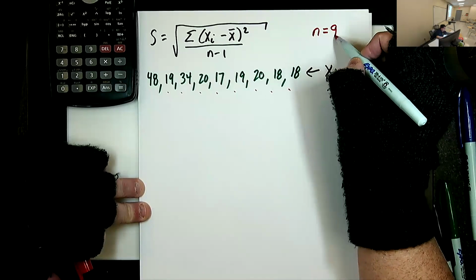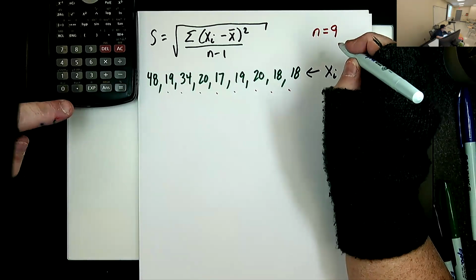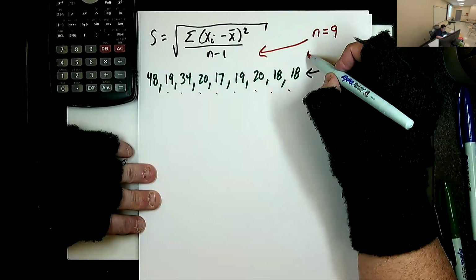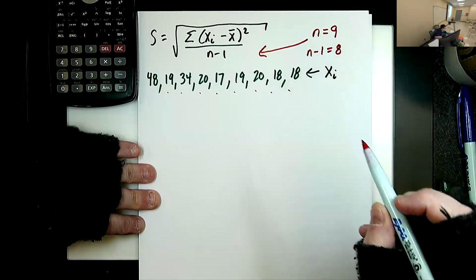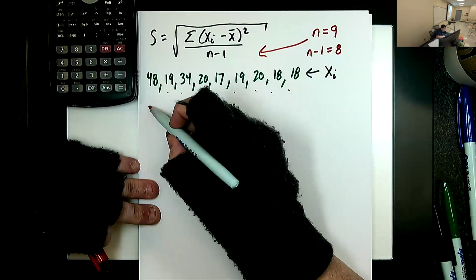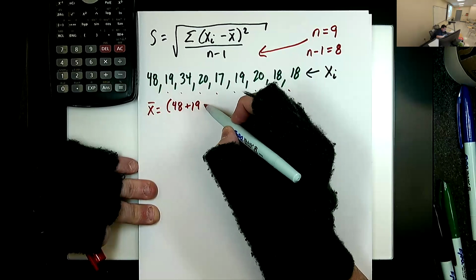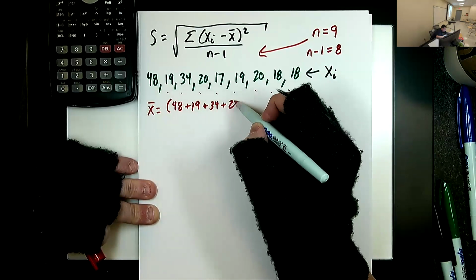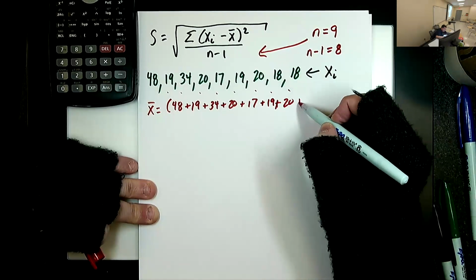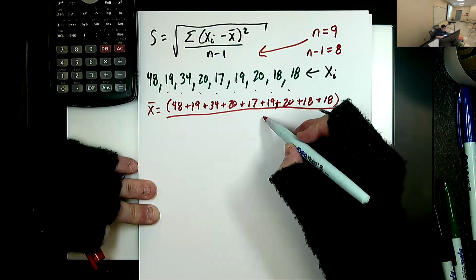N equals 9, that's the sample size in this room. We use that for our average because we divide by the total number. But that N also goes here, so N minus 1 for later on is 8. We're going to need that too. Let's figure out X bar. It's 48 plus 19 plus 34 plus 20 plus 17 plus 19 plus 20 plus 18 plus 18. Then we're going to divide by 9.